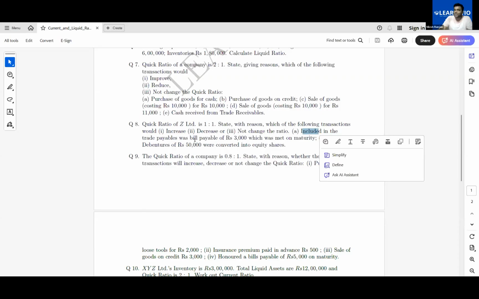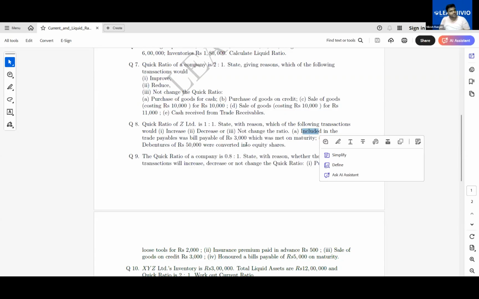Included in the trade payable was bills payable of rupees 3,000, which was met on maturity, means the date on which it matured, we have paid the amount. You remember that a bill has a term, a fixed time period.